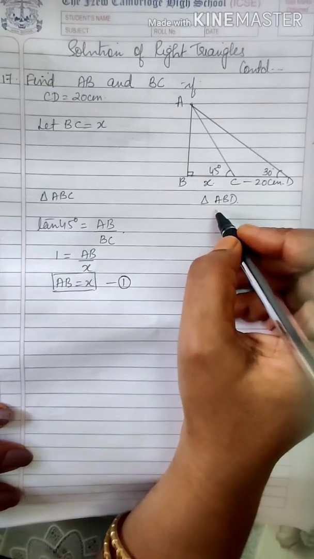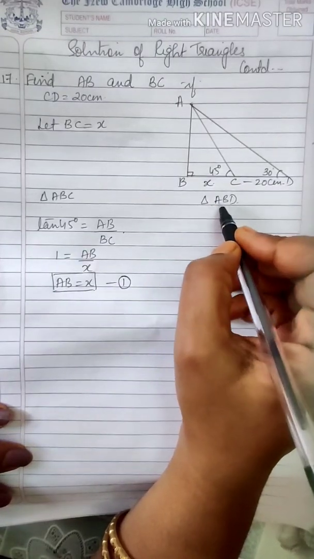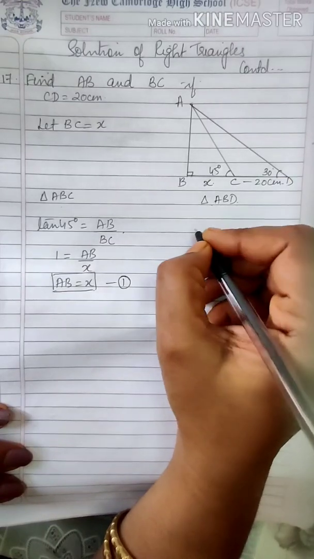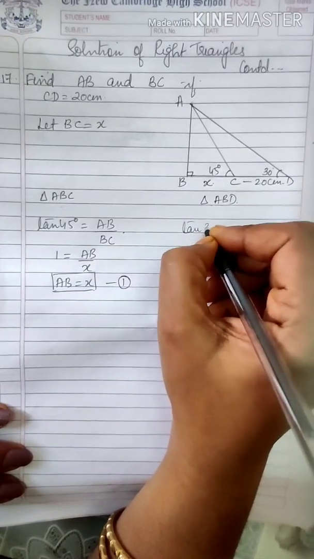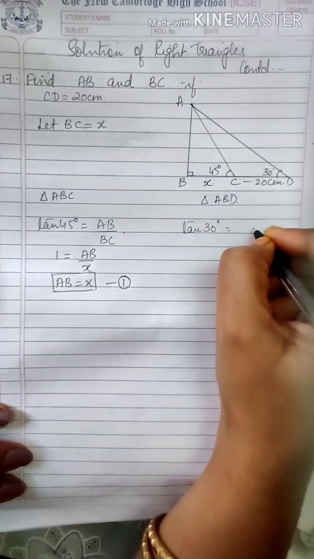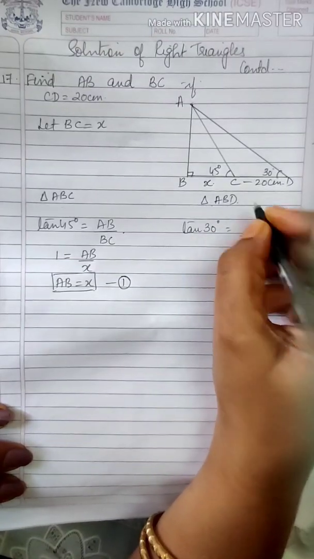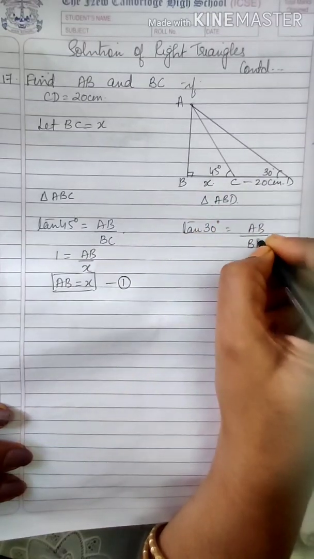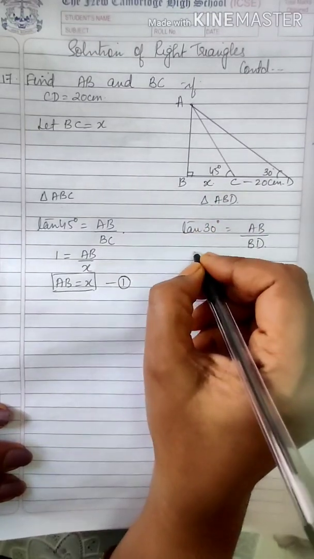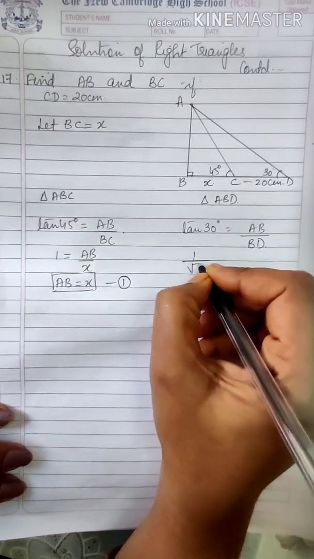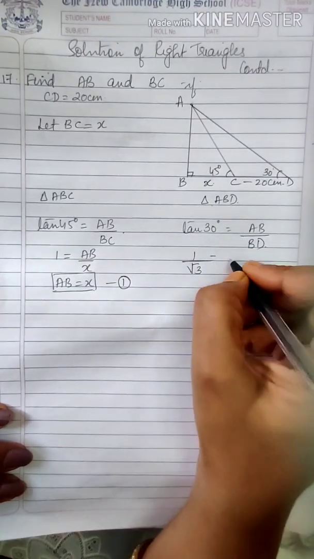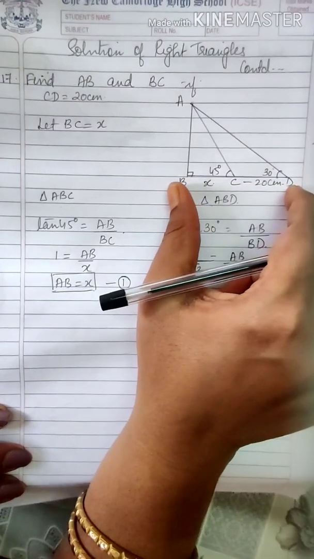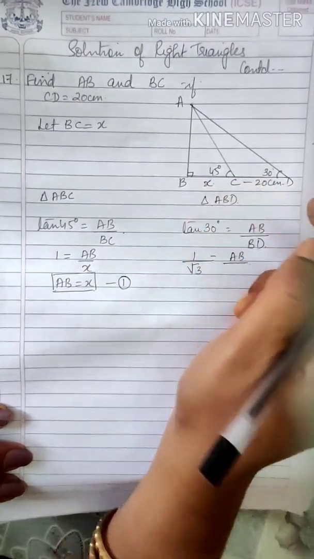Now coming to the next right angle triangle, triangle ABD. In this the reference angle is 30 degrees, and when you take the tan ratio, tan 30 will be equal to AB upon BD. This is the big triangle, so the base is BD. And you know the value of tan 30 is equal to 1 by root 3, so 1 by root 3 is AB upon BD. Now if you observe this figure, BD will be equal to X plus 20.